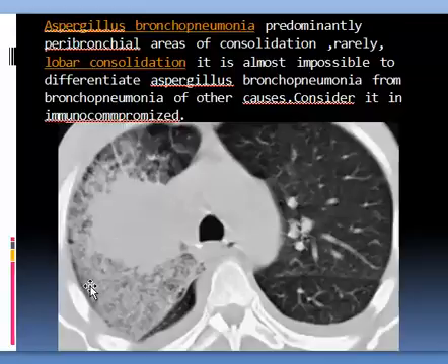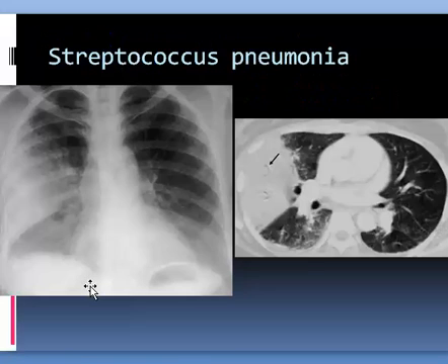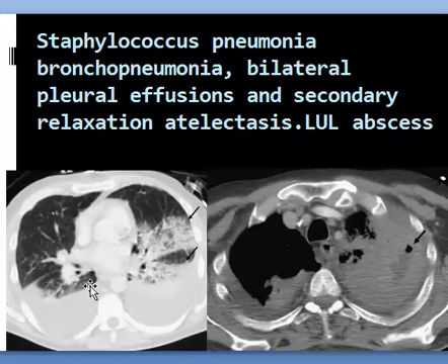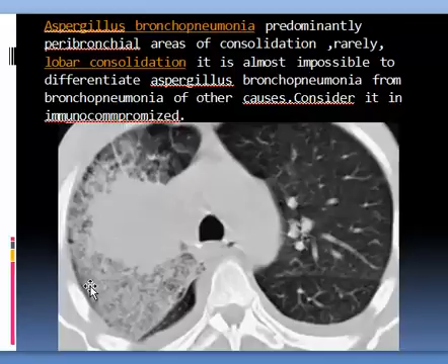Streptococcal, staphylococcal, mycoplasma or aspergillus bronchopneumonia will look the same if extensive lobar, but it predominantly involves peribronchial areas.